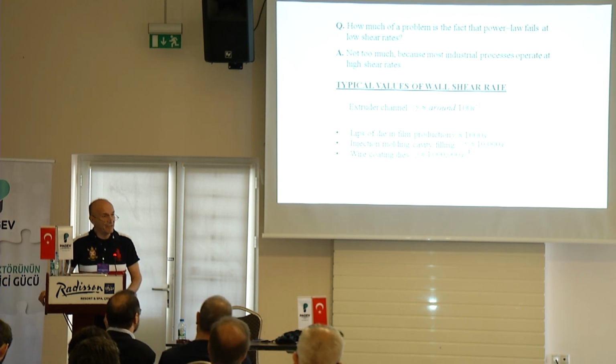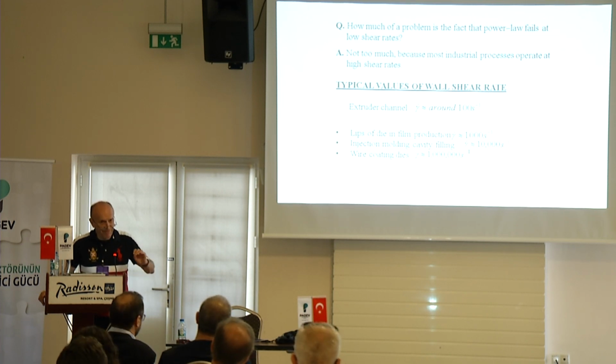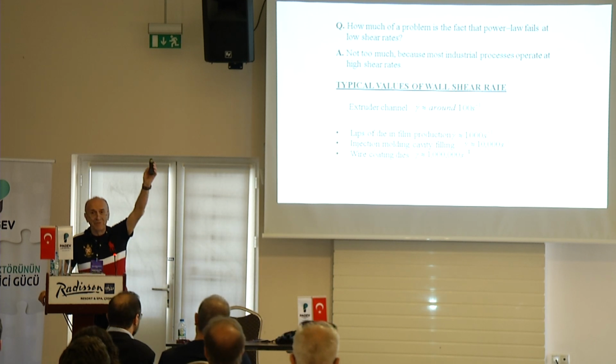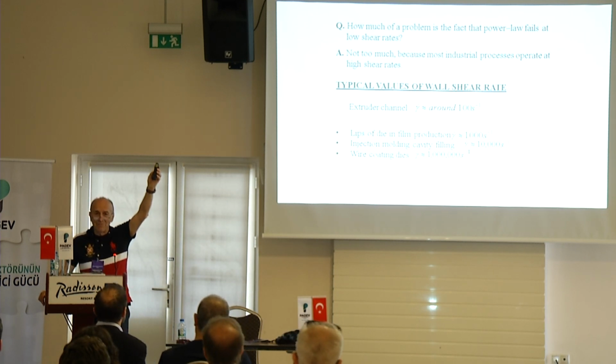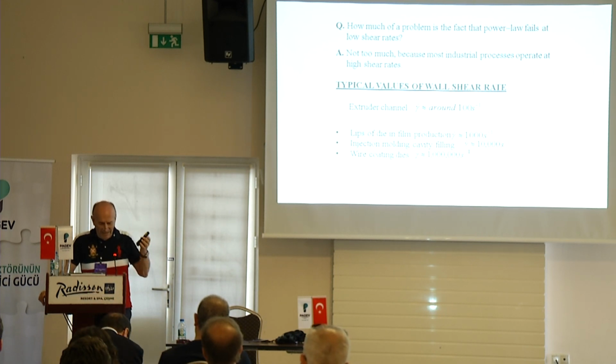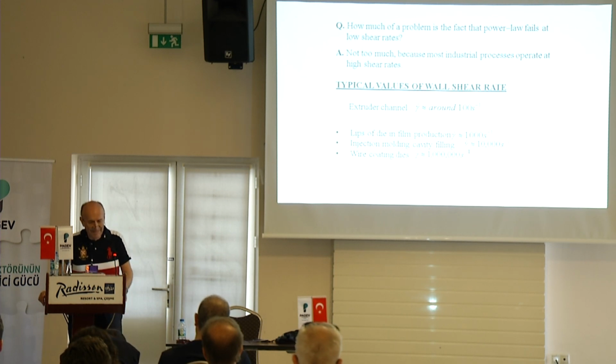Now, in injection molding, the cavity filling, perhaps this was injection molded. When this was made, I'm guessing that the shear rates were probably 10,000. Now, in wire coating, over 1 million, maybe 4 million.